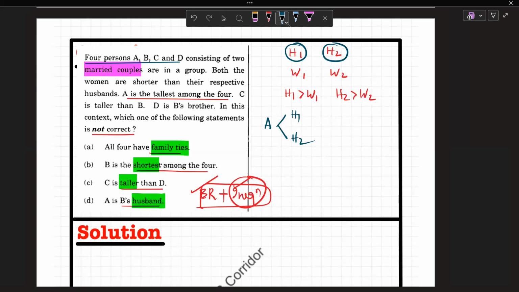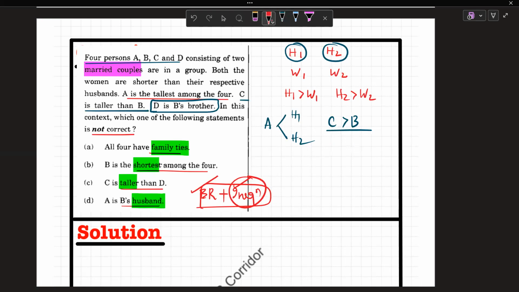Now, C is taller than B. Since C is taller than B, that means C is greater than B. D is B's brother. So what can you conclude from here? Sorry, I have written a wrong statement here.